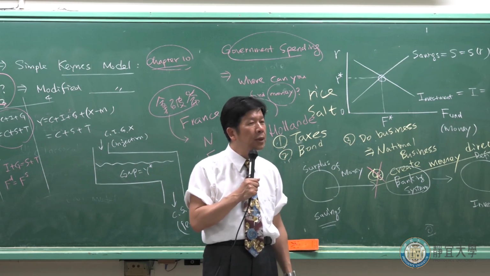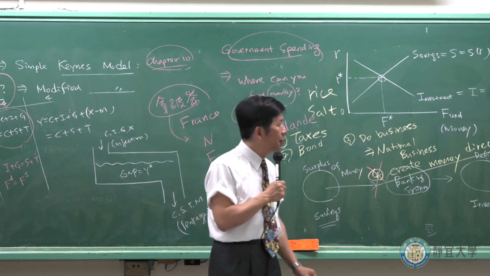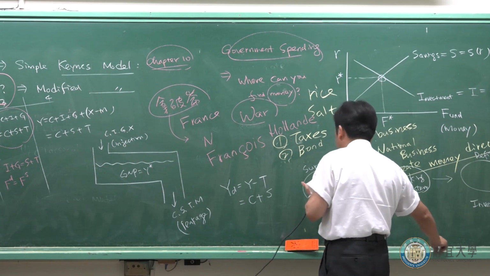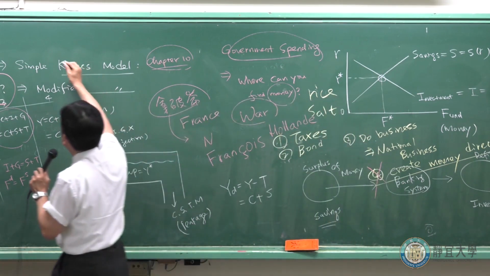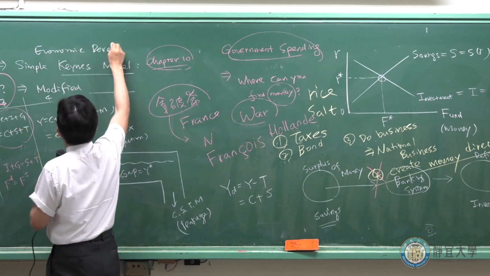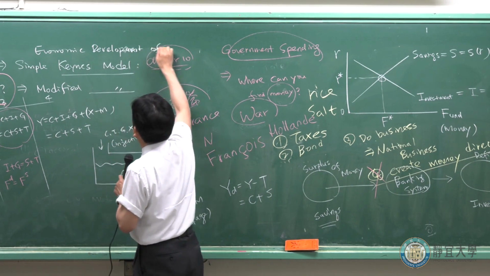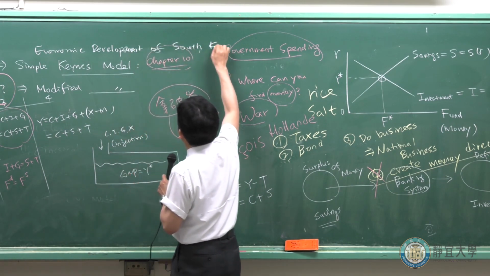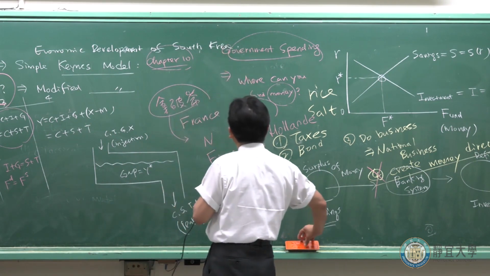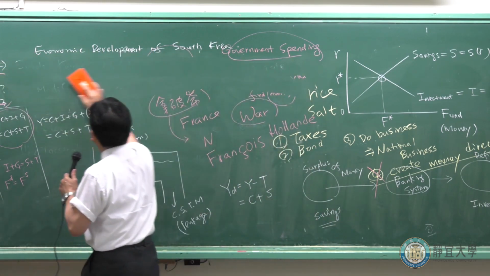Did you complete it? Did you drop your paper? I mean, in your paper, you can try to talk about the history of economic development of South Korea, and then we can try to draw your paper.